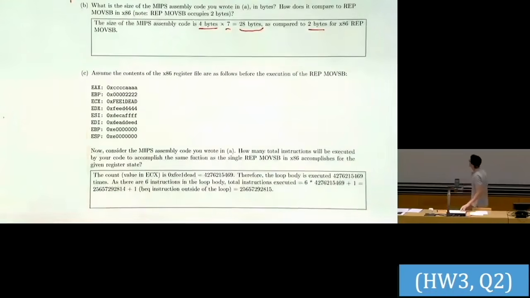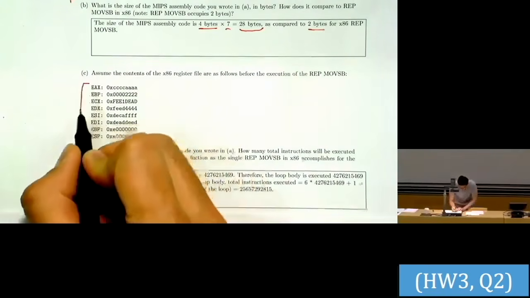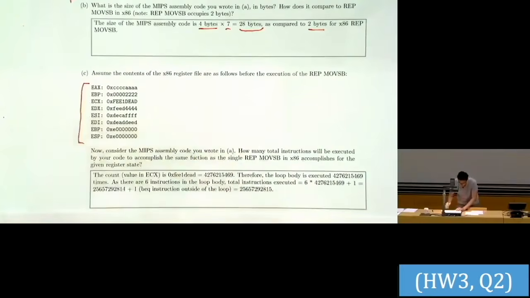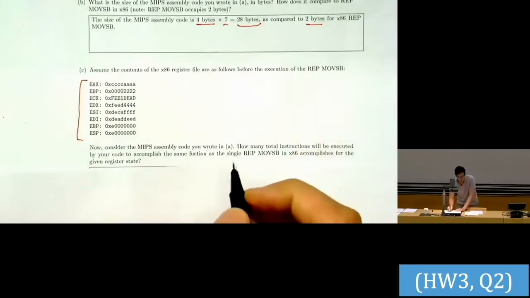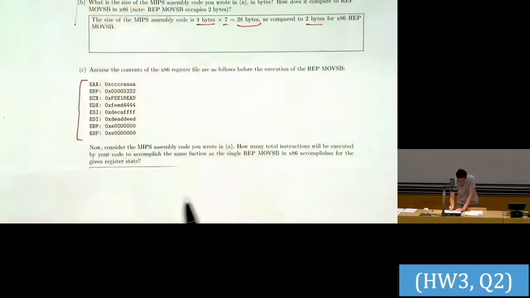Part C says, assume the contents of the x86 register file are as follows before the execution of this instruction. And these are the contents of these registers. Now consider the MIPS assembly code that we have just written here.